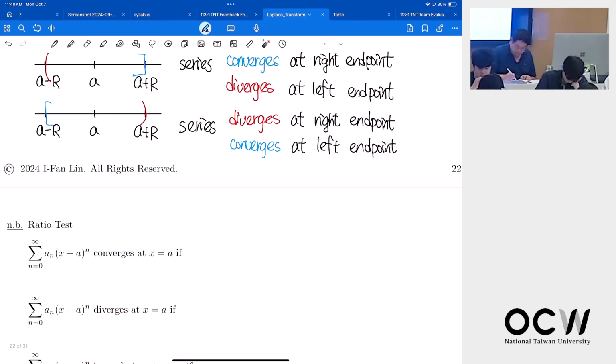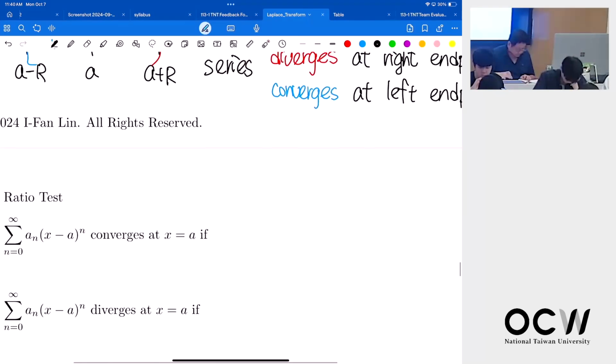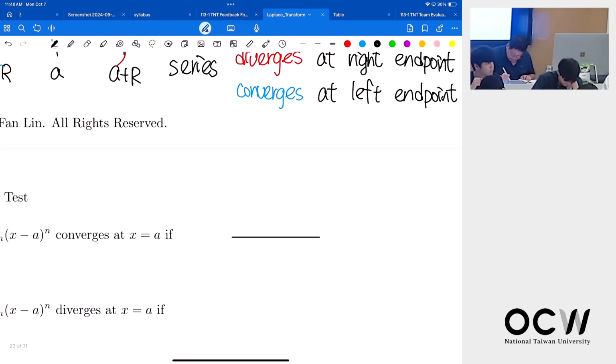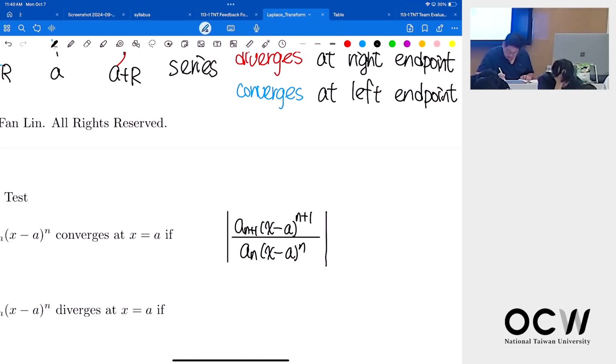Well, first, converges if the next term, x minus a to the n plus 1, divided by the current term, an x minus a to the n, take the absolute value, and then take n goes to infinity.